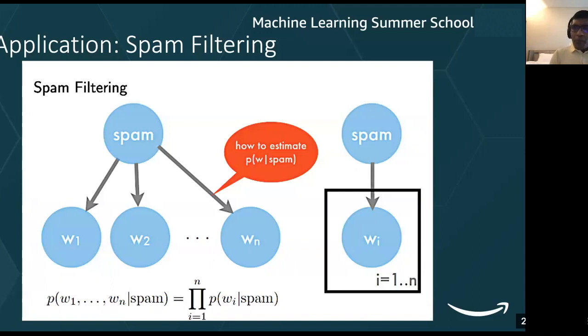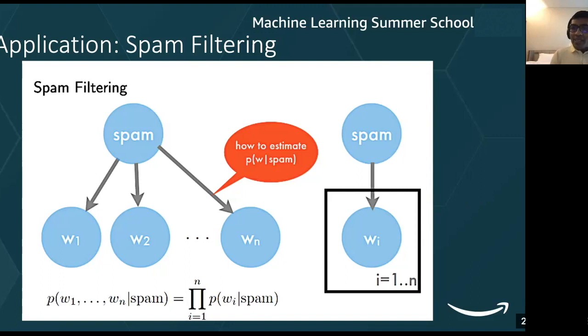We use the word dependent a little informally here, but to make it more formal, we can view the graph as a generative model where the value of spam dictates what kind of words W1 to Wn are likely to be. So let's say if spam is equal to 1, then the conditional probability of words such as lottery, offer, exclusive, which we quite often associate with spam, would have a fairly high probability of occurrence.